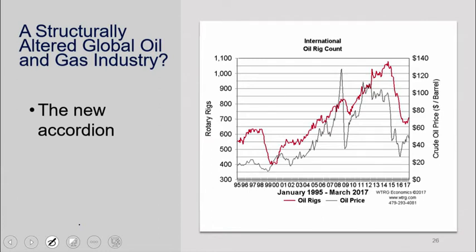The difference between this shale and the old oil is that shale can be produced like an accordion. If prices go up, you don't have to build the huge drills and everything. These things can be increased and decreased very quickly. So the oil market has become much less OPEC driven.